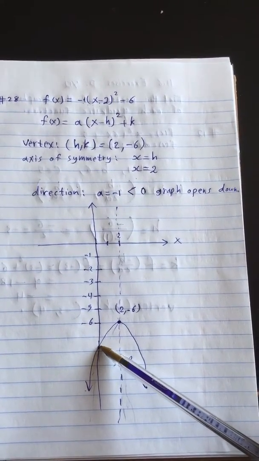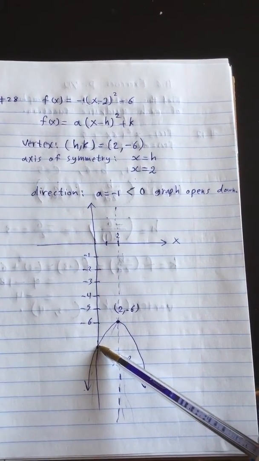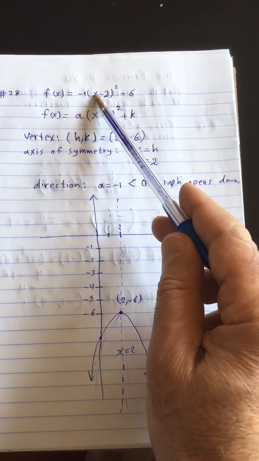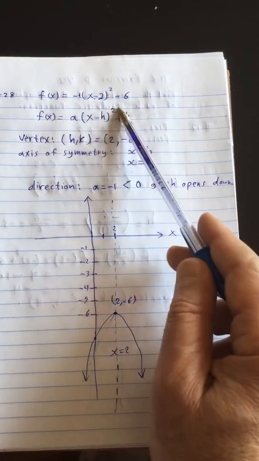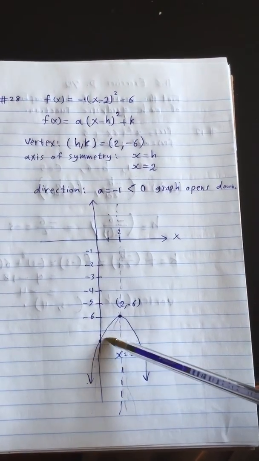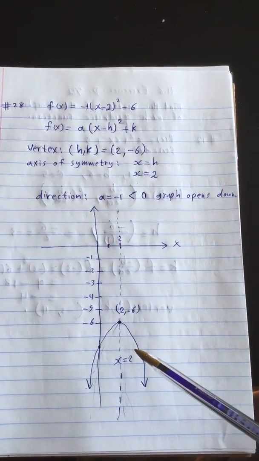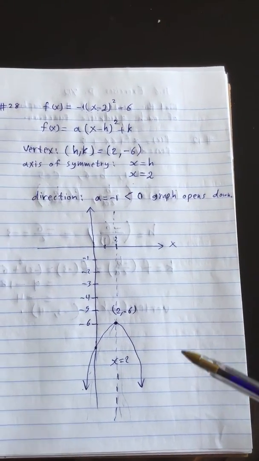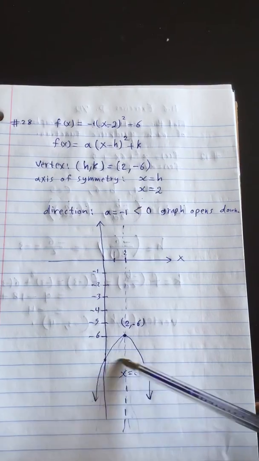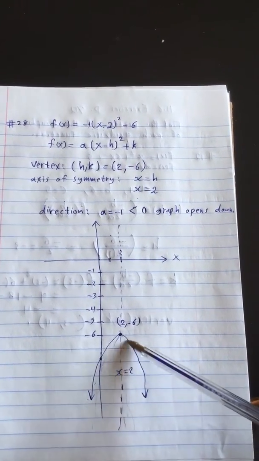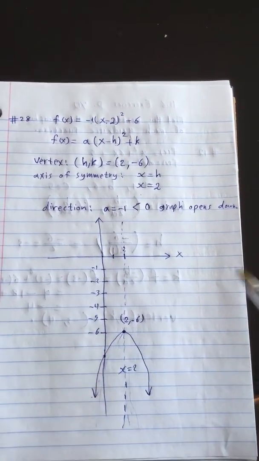To find the y-intercept, just substitute 0 for x in the original equation. This parabola never intersects the x-axis, it just intersects the y-axis.